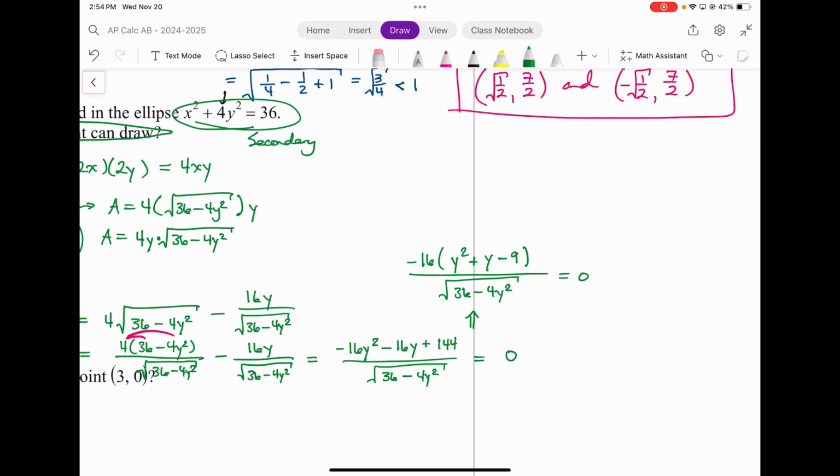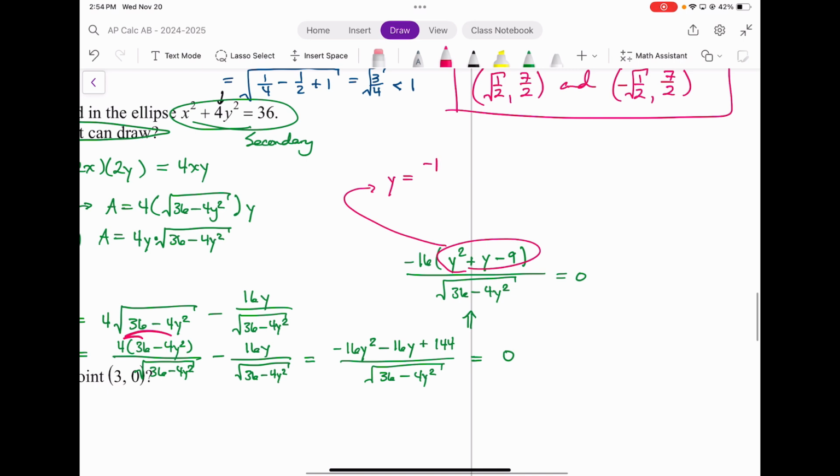Oh man. Okay, well, look at this. Quadratic, not factorable. Boo. Okay, that's okay. We can figure this out. We've got to use the quadratic formula, right? So this is going to equal 0 when y equals negative b plus or minus radical b squared minus 4 times 1 times negative 9, all divided by 2 times 1.